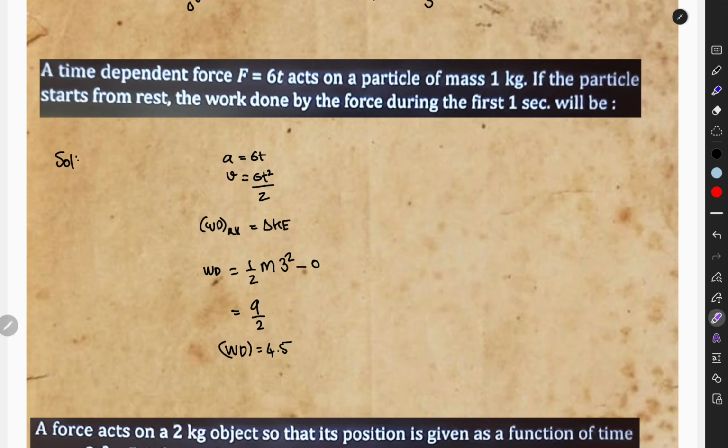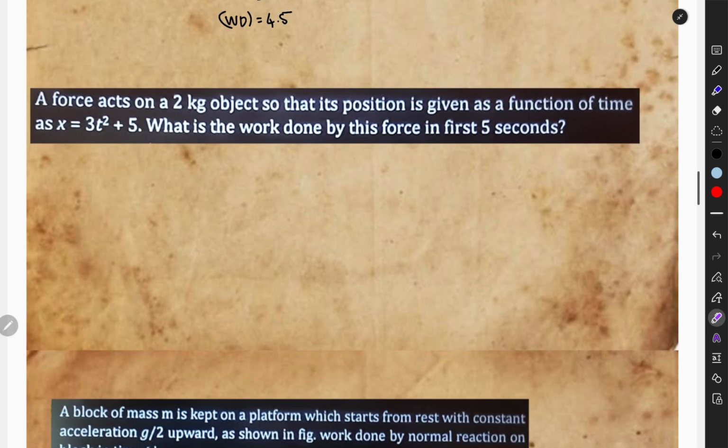So integrate it and get 6t²/2, which is basically 3t², and we need to find the first second, right? So t is equal to 1. So basically 3 square 1 by 2, and the initial will be equal to 0, so you can find the work done. As simple as that.